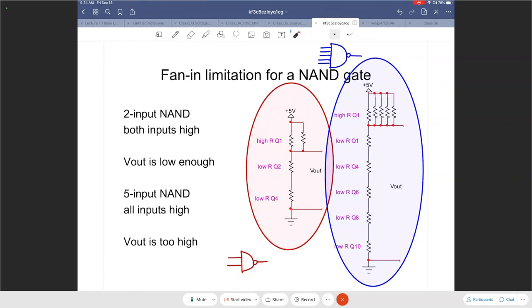What I have done is I have represented the transistors as resistors, because for a voltage they are essentially functioning as a load. Now what is going to happen?